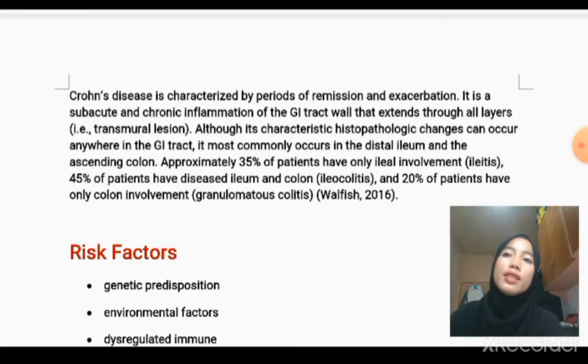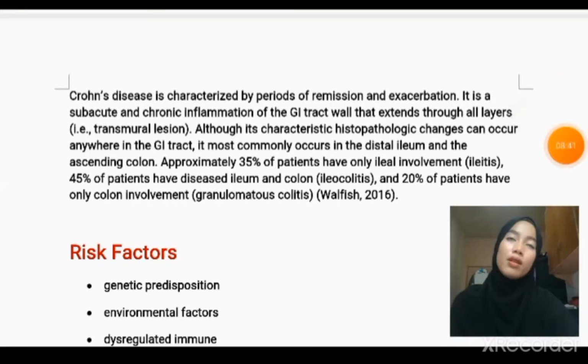So current thinking is that Crohn's disease is a genetic disease caused by abnormal regulation of the immune system. The GI tract, gastrointestinal tract, is frequently confronted with bacteria from our diet and environment. So there are risk factors of Crohn's.